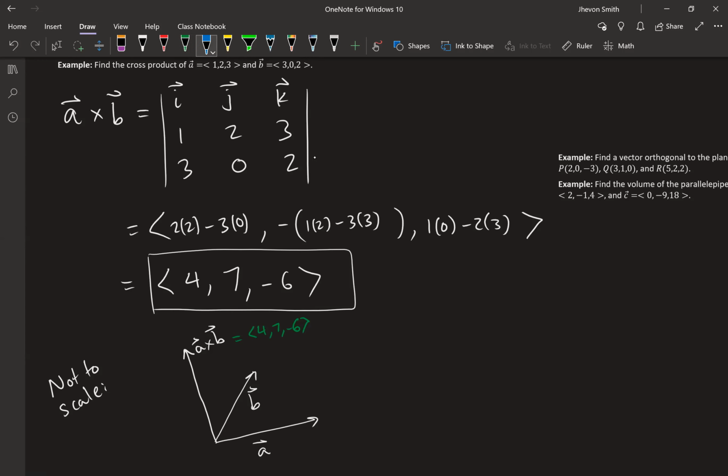On top of that, if I were to construct a parallelogram by these two vectors, and I want to find the area of that parallelogram, the area is going to be the magnitude of that vector. That's going to be the radical of 4 squared plus 7 squared plus 6 squared.